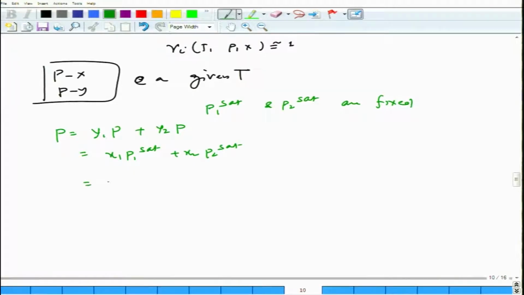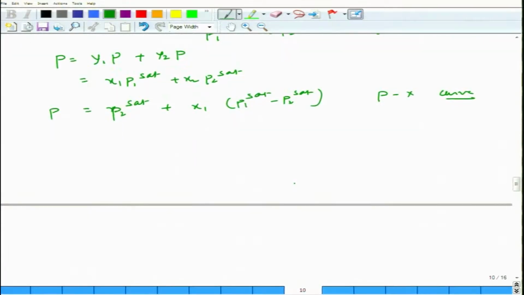I can also write it as P2 sat plus x1 (P1 sat minus P2 sat). This is your Px curve, which is clearly linear.